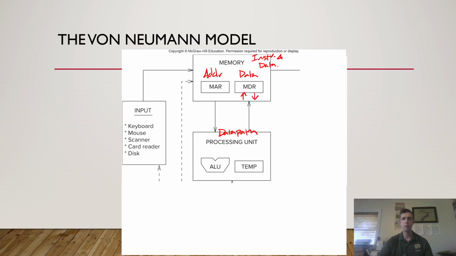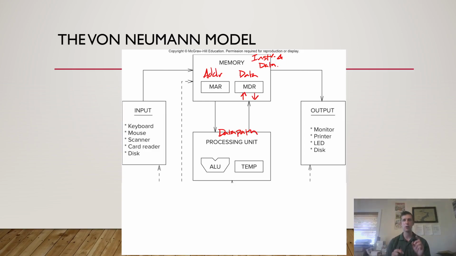All right, the computer has to be able to talk to the outside world. So our third and fourth components of the von Neumann model are the inputs to our computer and the outputs that it produces. You can see some examples here of inputs and outputs to our computer, and at least in the case of our disk, our hard disk or a thumb drive, it's potentially both.